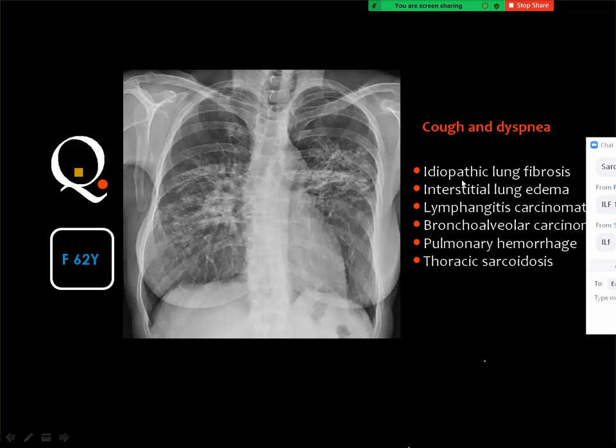This is not fibrosis because fibrosis usually involves the bases of the lung, not the upper or the middle lung zones.